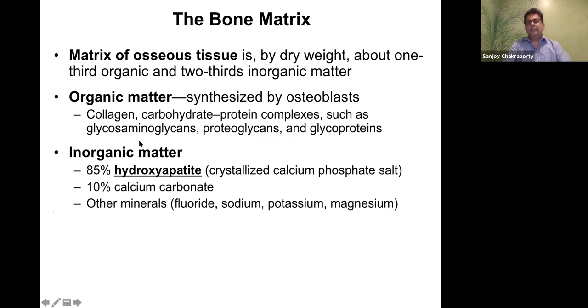Before understanding the microscopic structure of the compact bone, what we need to understand first is that bone is a connective tissue. We learned that in connective tissue we not only have the cells, but we also have some non-cellular material known as matrix.